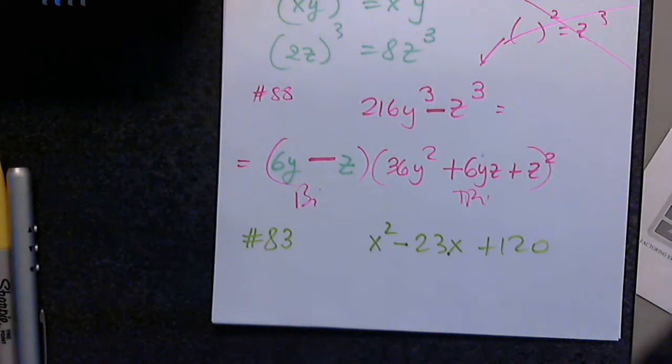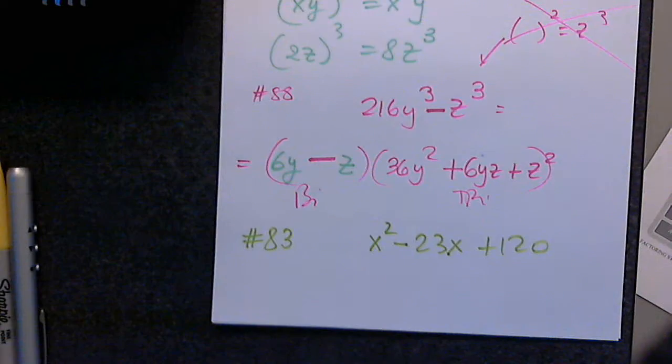It's a trinomial. It's in descending order. Greatest common factor, no. Negative leading coefficient, no. Special product, no. How do I know no? Because 120 is not a perfect square. So that's why this is not a special product.